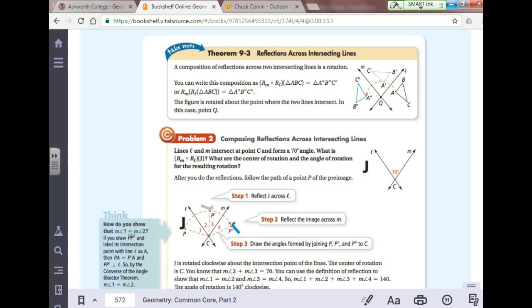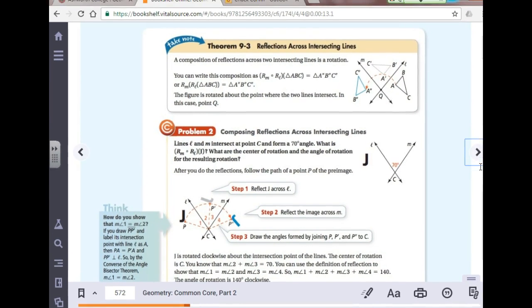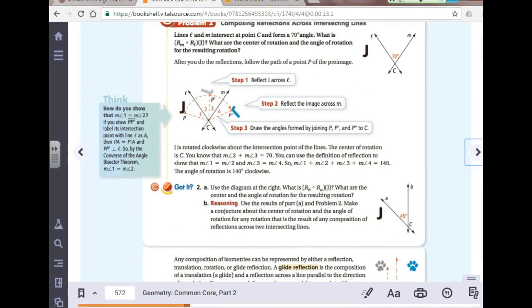Now, what they're trying to prove to you here is that as you work through this, if it got reflected and then reflected again, that's the same as getting rotated through. They're trying to prove to you mathematically that if this angle right here was 70 degrees, then they split it into 4 segments.